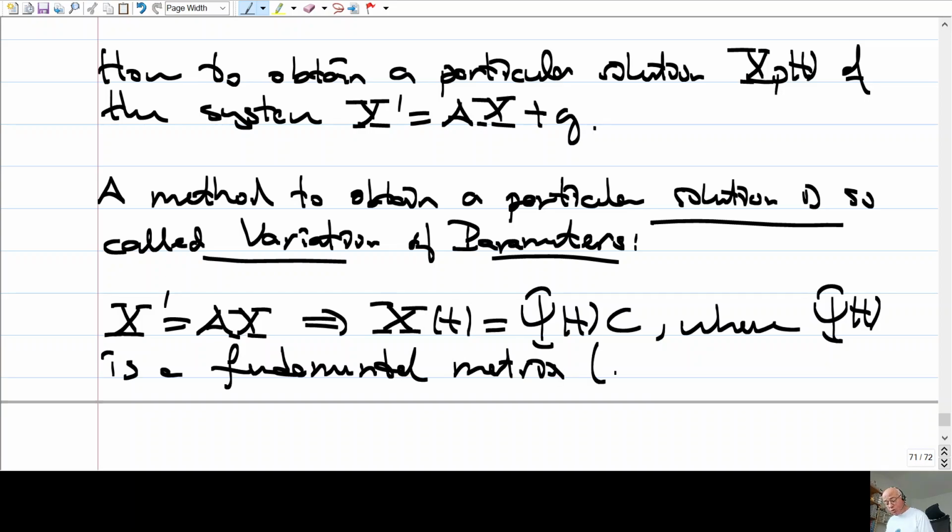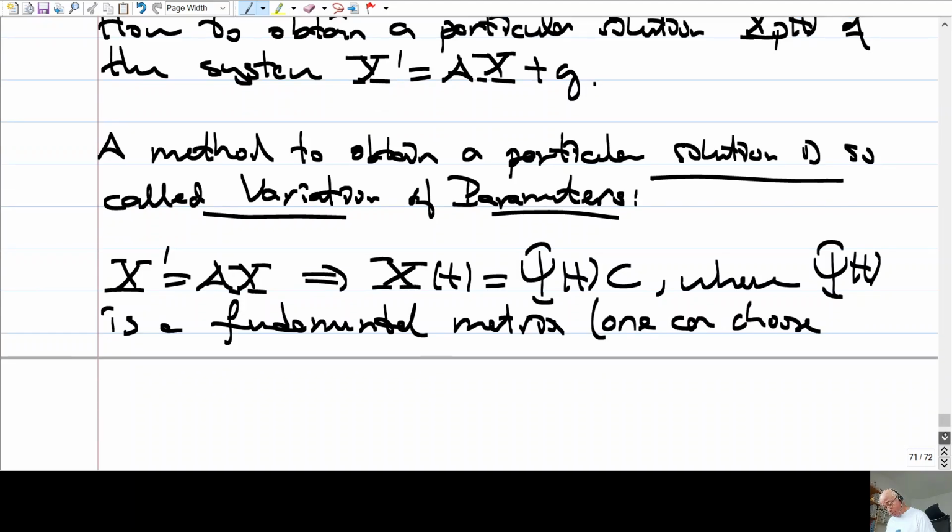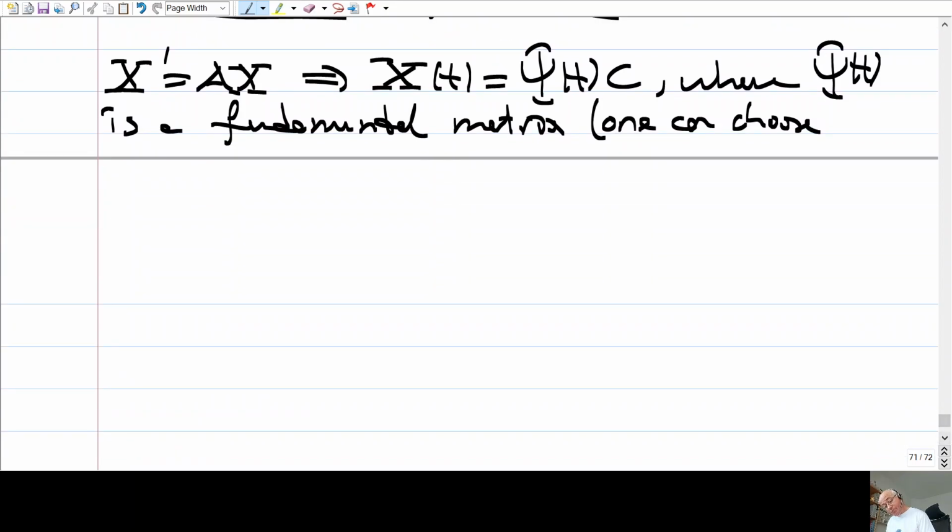Of course, one can choose this thing to be just e to the power ta, but sometimes it is easier to obtain just a fundamental matrix, because to obtain e to the power ta you may have to do some extra computations, and we don't need it. All we need is one fundamental matrix. All right, so the solution of this homogeneous system has this form.